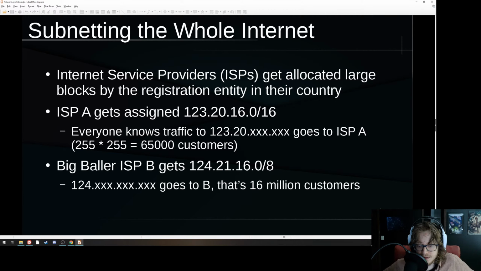So those obviously sell for quite a bit of money, and only a few ISPs in the world still have /8 blocks. Also makes forwarding super duper simple, right? Anything that starts with 124 automatically gets forwarded closer to ISP B. So it makes a lot less work for the router. As soon as it sees that it starts with 124, boom, I forward that to whatever gets you closer to ISP B. Simple.